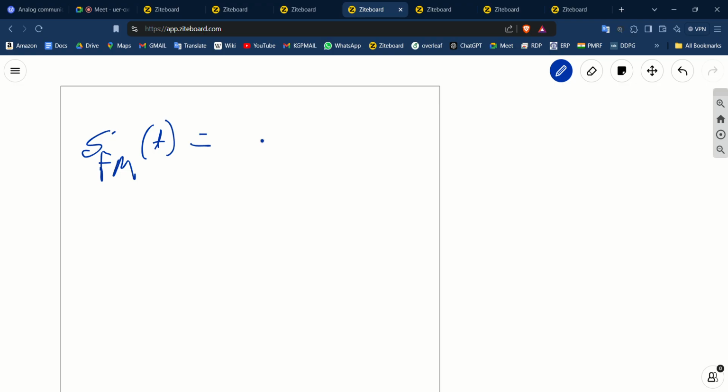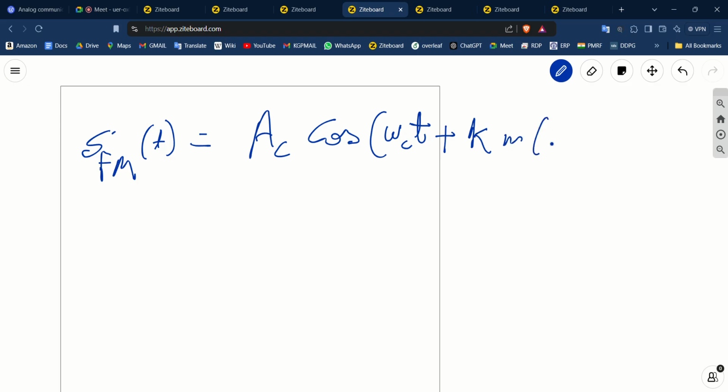It will be Ac cos(omega_c t plus k m(t)), where k is the modulation index.